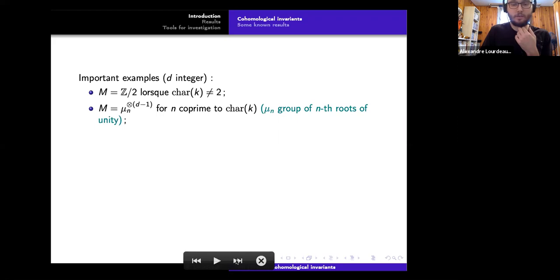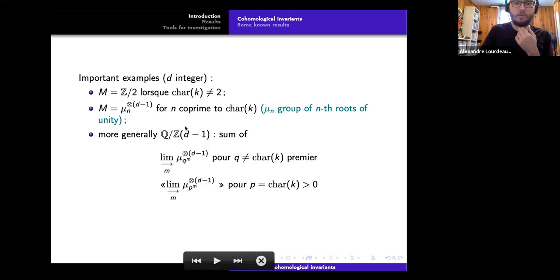And another generalization of that case is when we talk about Q/Z(d-1). The (d-1) is like a twist of the first module. Basically, it is defined as the sum of all the n-th roots of unity for n prime, coprime to the characteristic. And for the p-torsion of this module, we need to define it here. This is Kato.